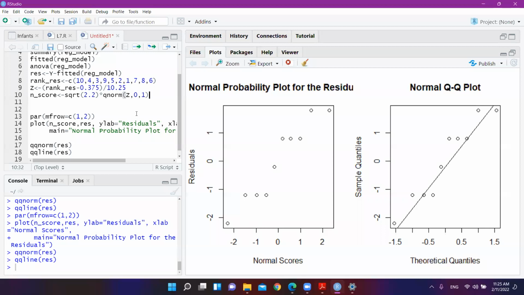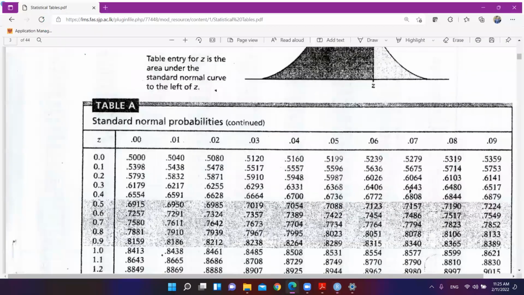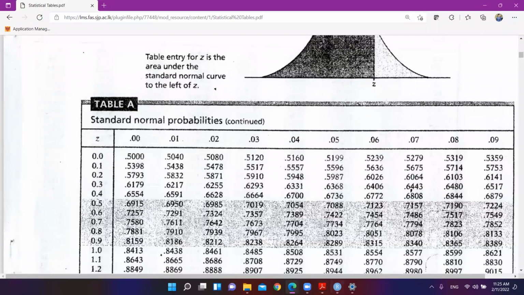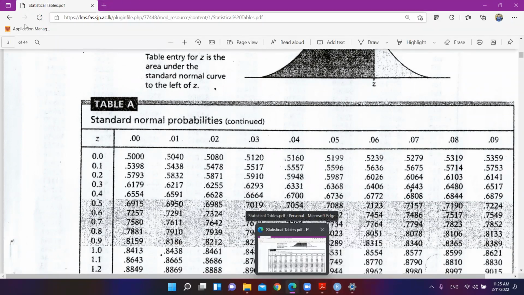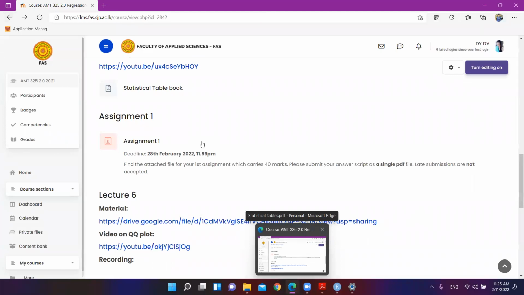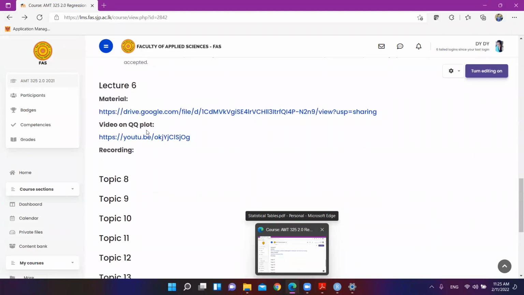If we want to check whether these things possess a binomial distribution, then we have to take the quantiles from the binomial distribution itself, right? I have a nice video for this, so I am not going to play it now. I uploaded that to the LMS already. Yeah, it's here, video on QQ plot.